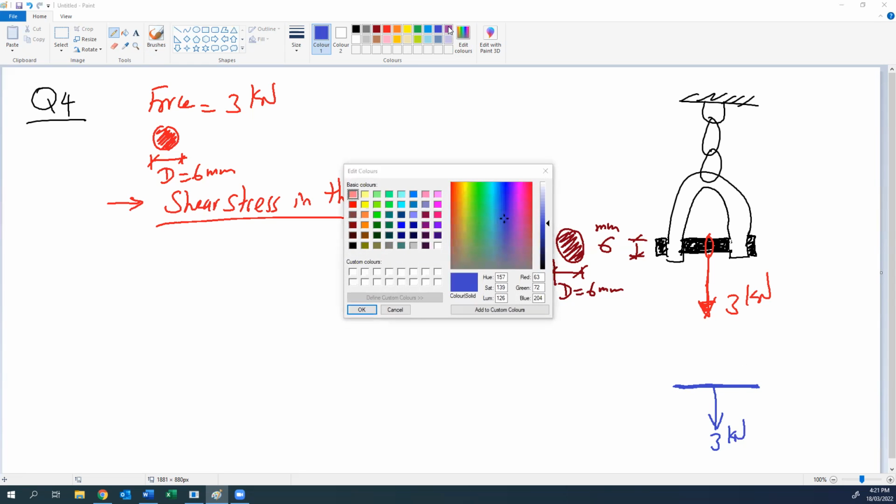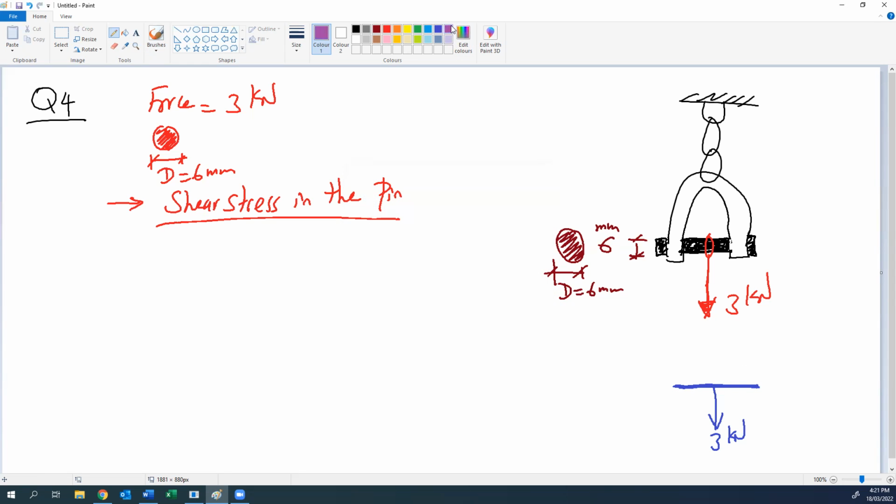This pin is supported by the shackle itself, which we can represent as two supports like that, and these two supports will hold the rope.